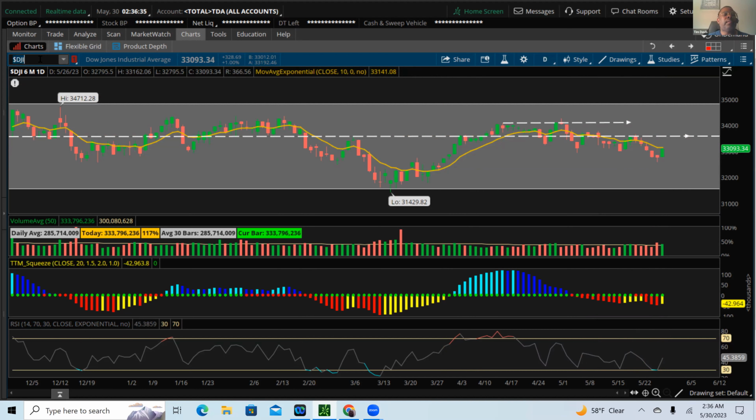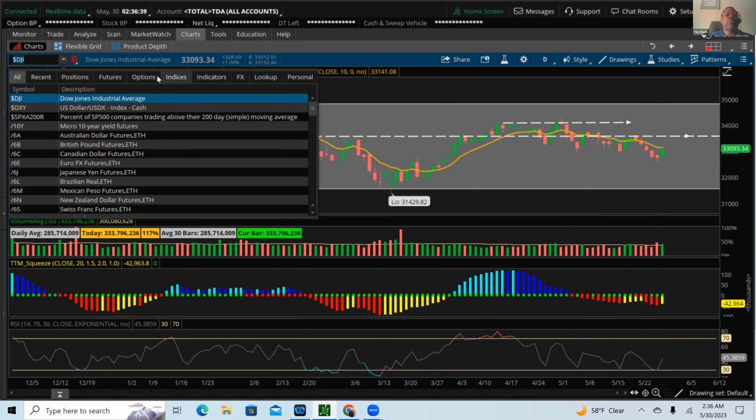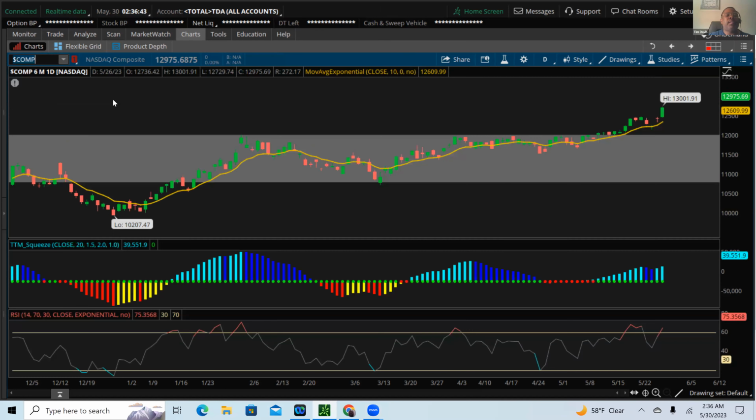Let's take a look at the NASDAQ, which has been the strongest of the bunch, considering the AI craze and what markets are showing us. Now, this one is, I think, the one that's probably going to be met with the most fierce sell-off.